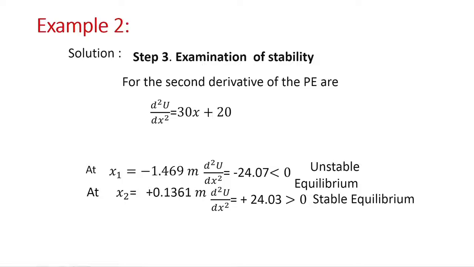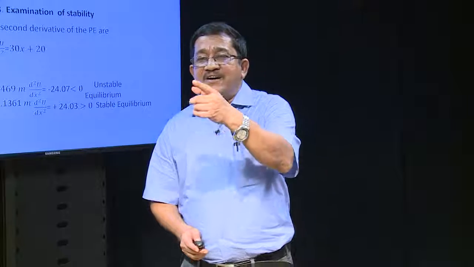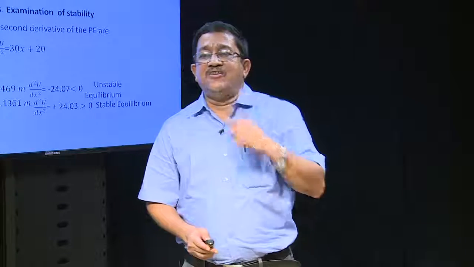The second derivative is d²U/dx² = 30x + 20. At x1 we get a value of −24.07. So when x1 is −1.469, the condition is unstable equilibrium.